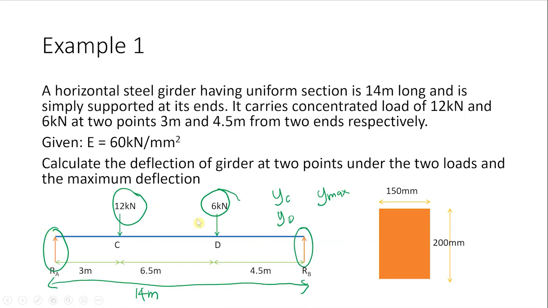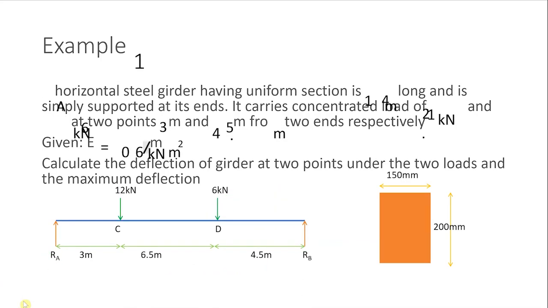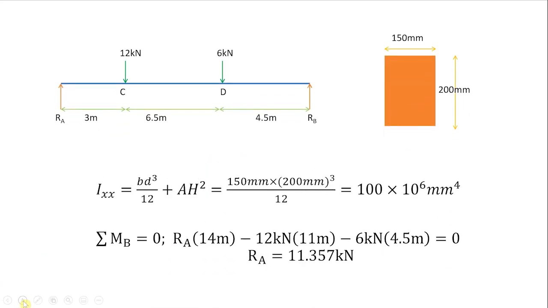To find all this, what we need to do, kita kena dapatkan IXX. To calculate IXX, since the cross section is given, it says that the size of the beam is 150 mm times 200 mm. Then you can simply use the formula for IXX, which is BD cube over 12 plus AH square. Masukkan saja dalam formula BD cube.